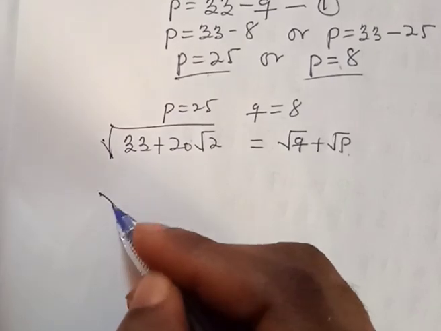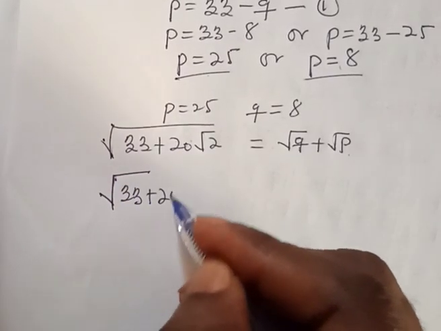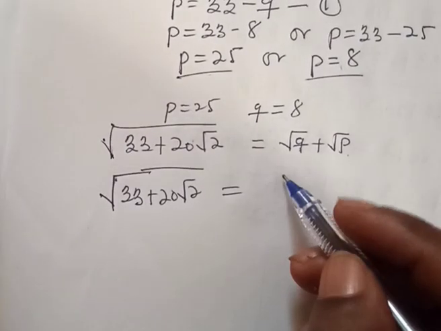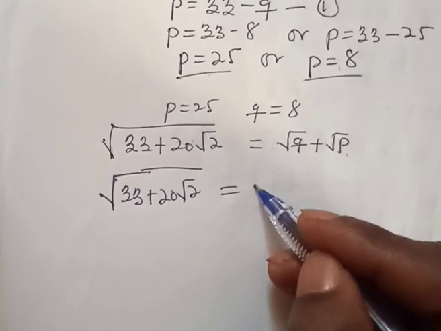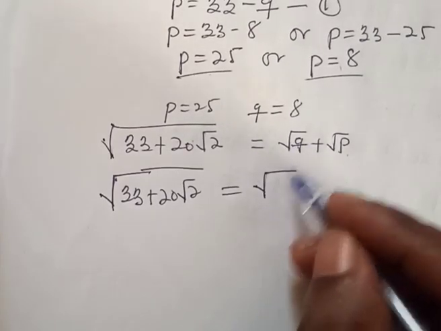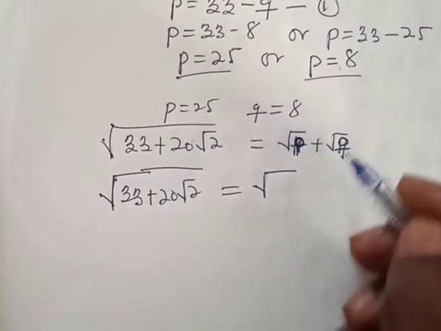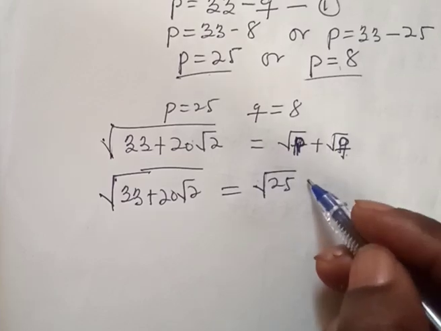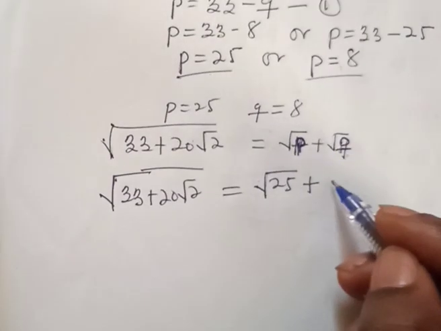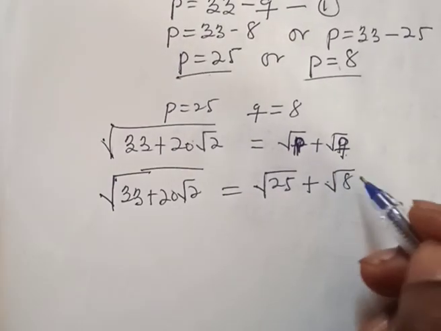Good. So let me maintain this. And then substitute the values. So we have square root of P. So Q is what? Or no, here is rather P, and here is Q. So P is 25 plus, and then we have Q as what? 8.